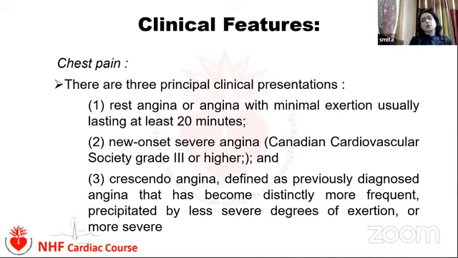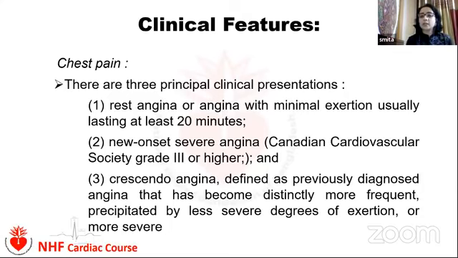Patients with acute coronary syndrome obviously present with chest pain. The pain usually resembles that of chronic coronary syndrome, but there are some characteristic points indicating acute coronary syndrome. The patient may present with rest angina or angina with minimal exertion, usually lasting more than 10 minutes, at least 20 minutes.